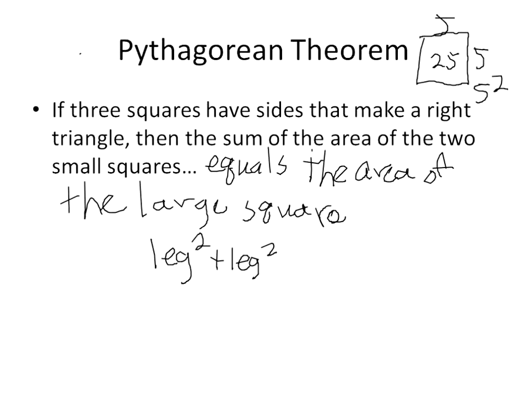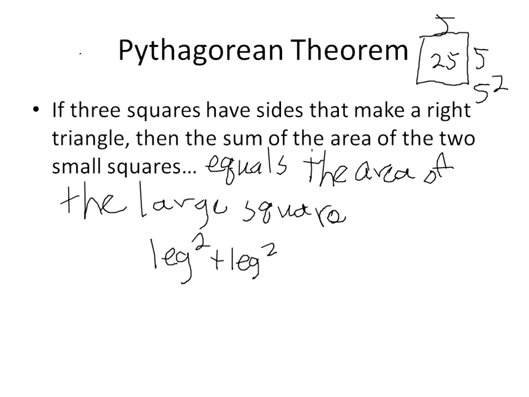So if I say leg squared, like I did right here, that's the same as the area of the small square. Saying leg squared is the same as saying the area of the square, because 5 times 5 gives me 25, which is the area, length times width, right? I'm glad you asked that question, because sometimes that's not as clear. Sometimes I make assumptions that people remember something like that or make that connection. So thank you for asking.